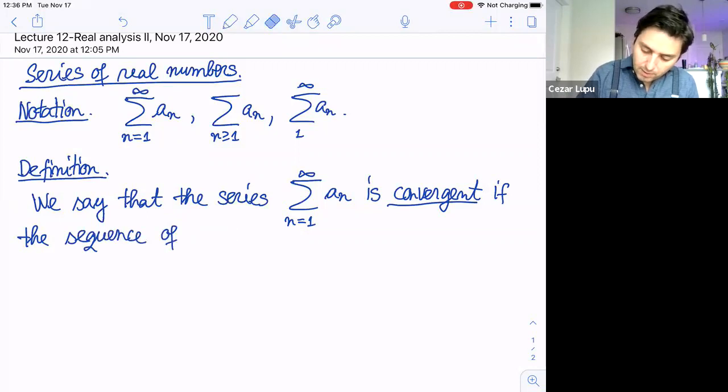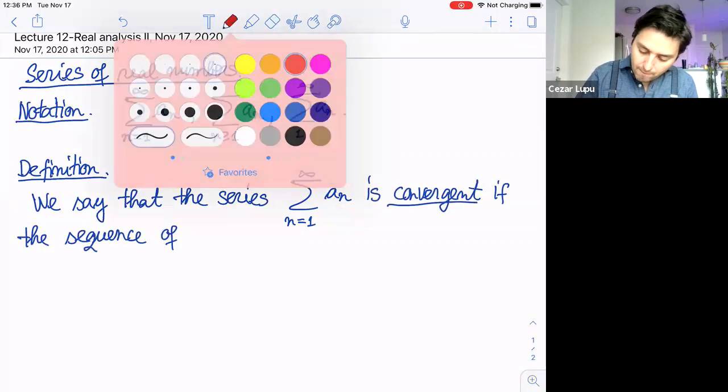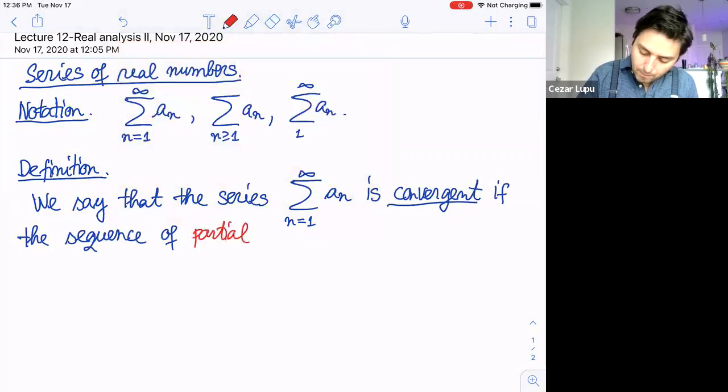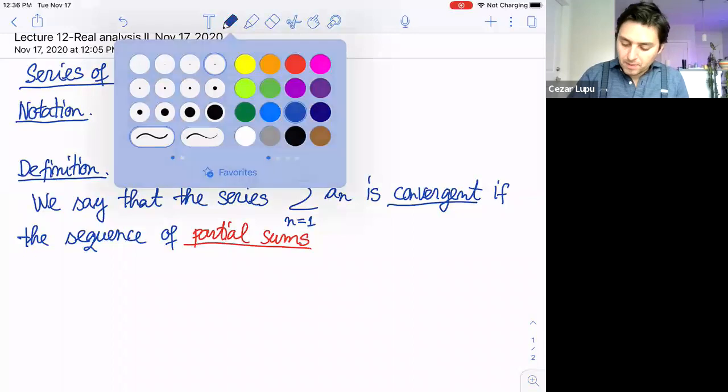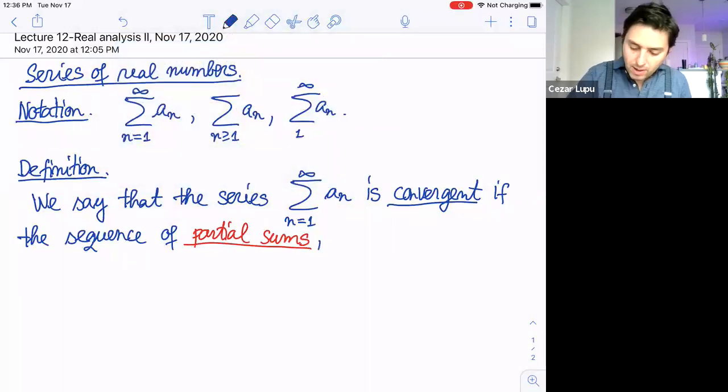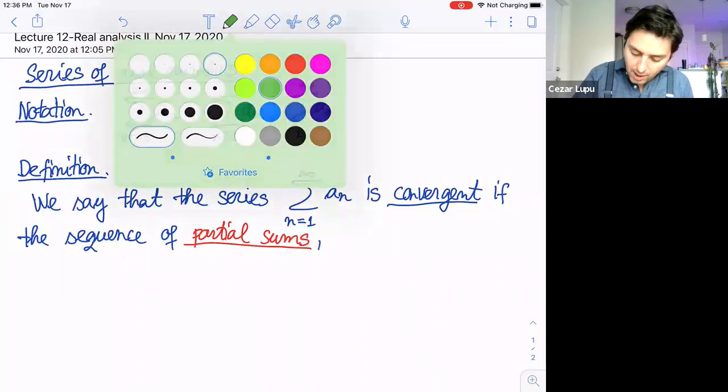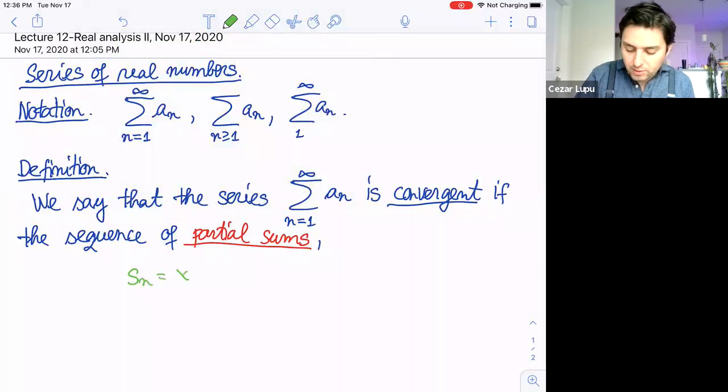and this will be denoted by Sn, which will be nothing other than just a1 plus a2 plus up to an, is convergent.